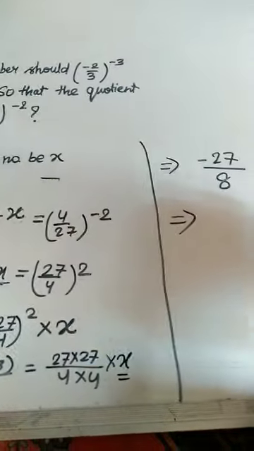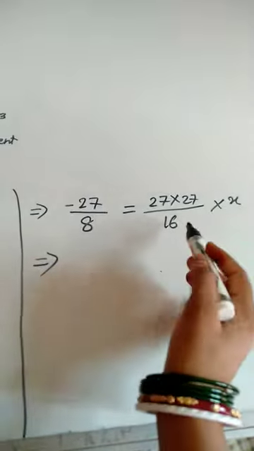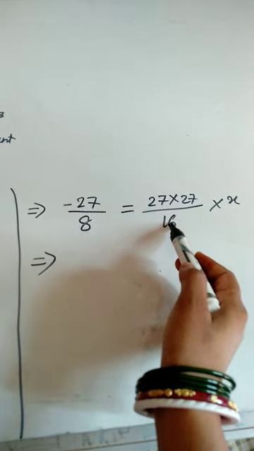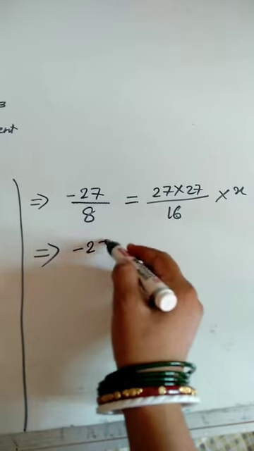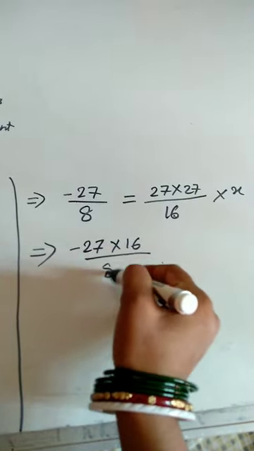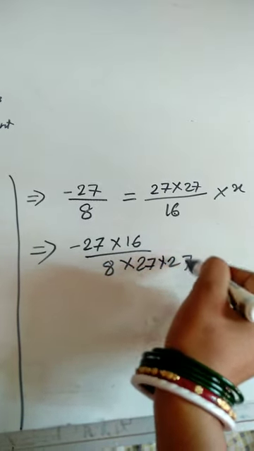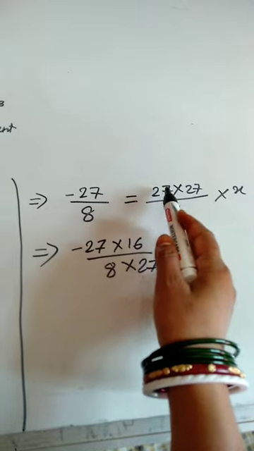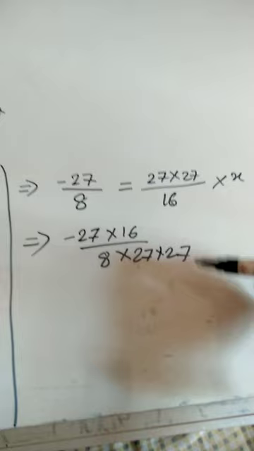This implies, if we send this 16 to the LHS side, then we can write this as (-27 × 16) divided by (8 × 27 × 27). If this 27 × 27 we are sending to the LHS, then it gets divided.